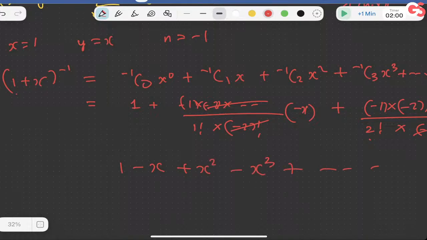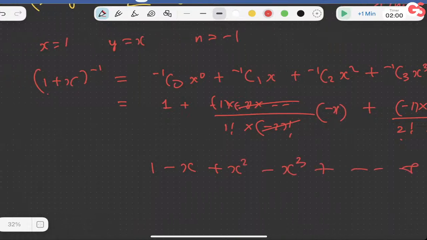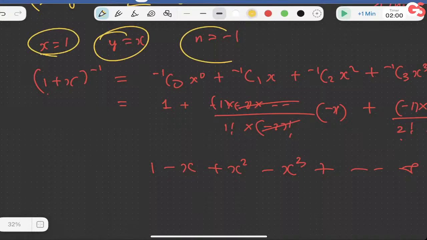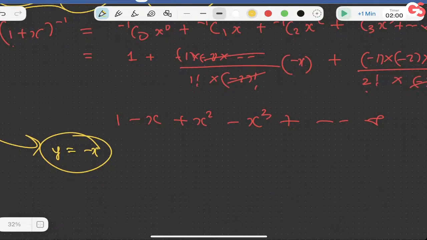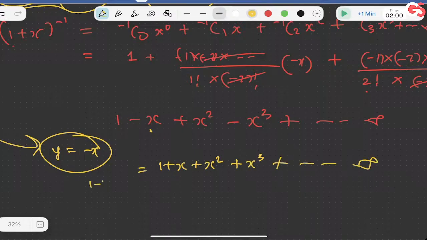Now, in the same thing, I took x equal to 1, y as x, n equal to minus 1. What if I take y as minus x? The moment I take y as minus x, wherever I have a negative value, that becomes positive. Whenever we have an odd power, that becomes positive, and when I have an even power, that will be positive itself. So this is for (1 minus x) to the power minus 1. Is that clear?